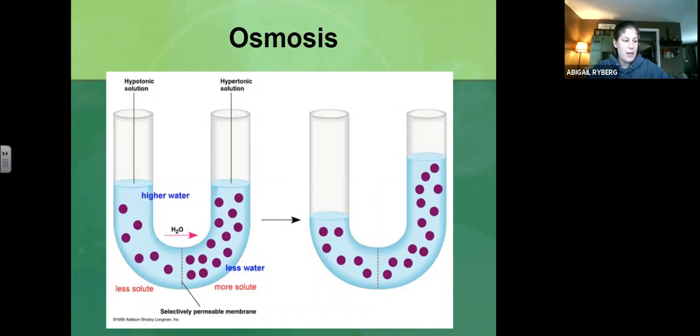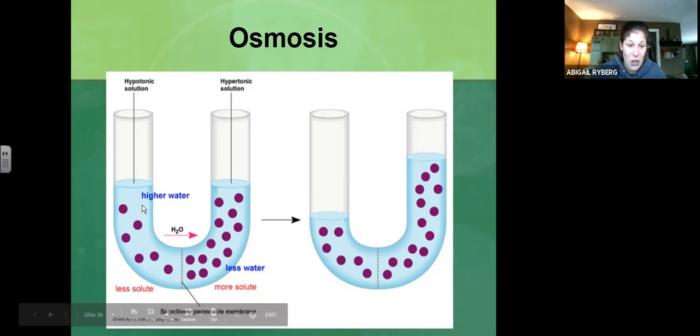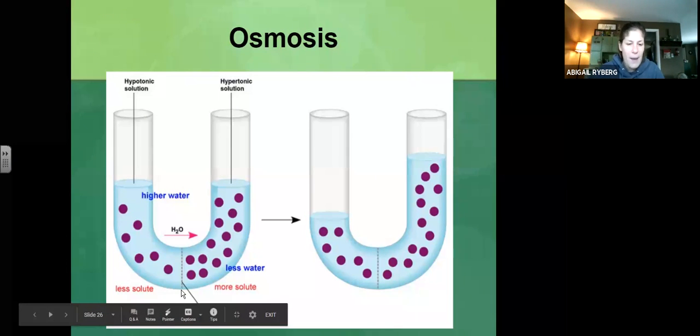I like to show this picture because it shows how desperately molecules want to reach equilibrium. And so there's this special, I forget what they're called, I forget it every year, but there's this special glass tube, a piece of scientific equipment that looks like a U. And at the very bottom, scientists can actually place a semi-permeable membrane. So imagine that this black dotted line at the very bottom of the U there is a membrane.